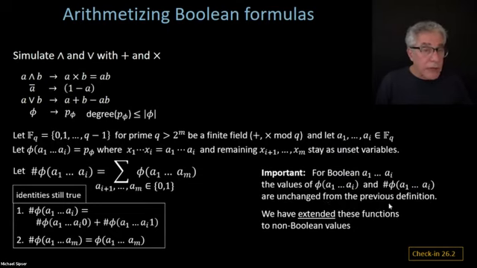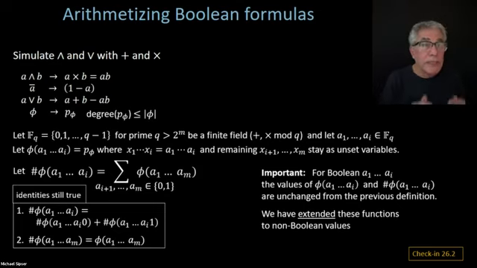So this is what I was saying before. If I plug in Boolean values into the arithmetization, I get the same exact thing as I would have if I applied the Boolean operations before I did the arithmetization.